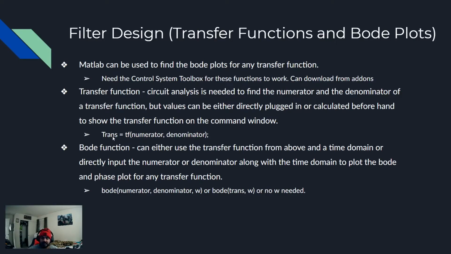And then trans can be used within the bode function as well, alongside your omega or your time to frequency domain, which Randall should have covered, to actually create a Bode plot with the dB plot as well as the phase plot included. Now, you can use bode(numerator, denominator) without even using trans, but you can put it within trans using the transfer function and put it within bode to actually display the plot.